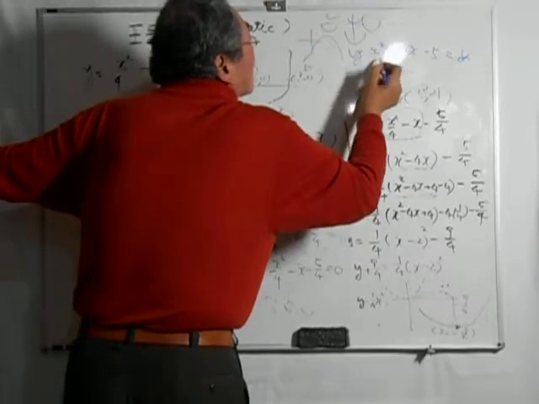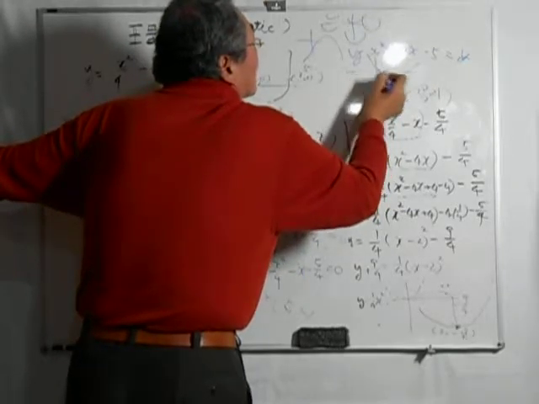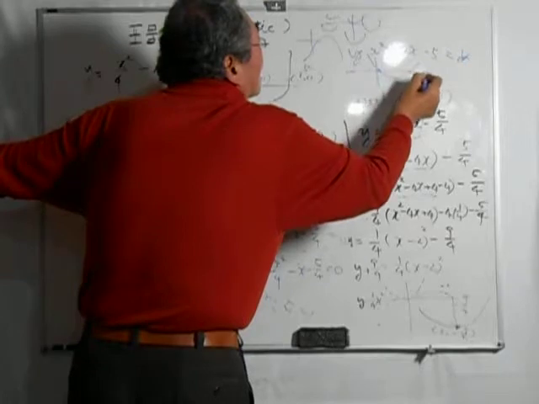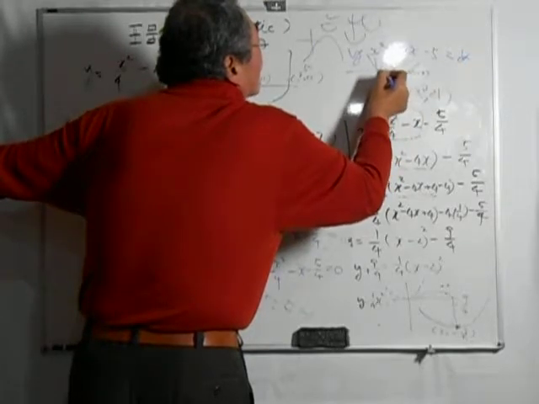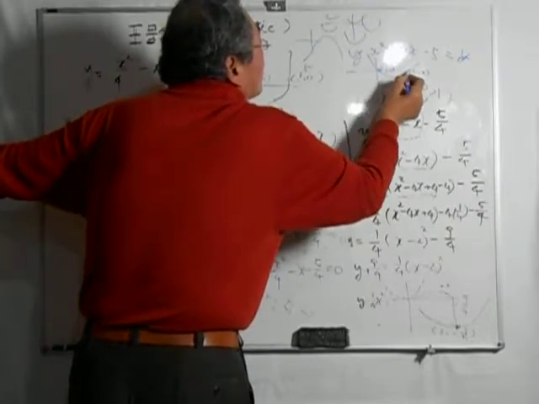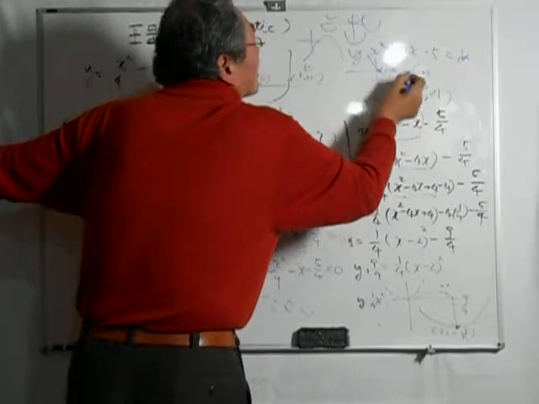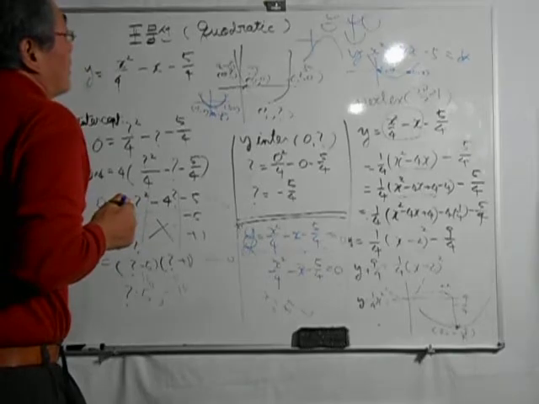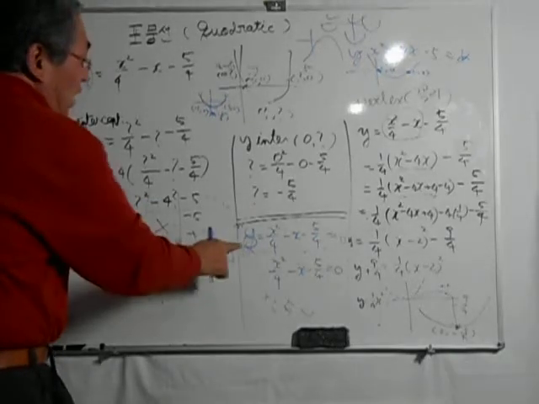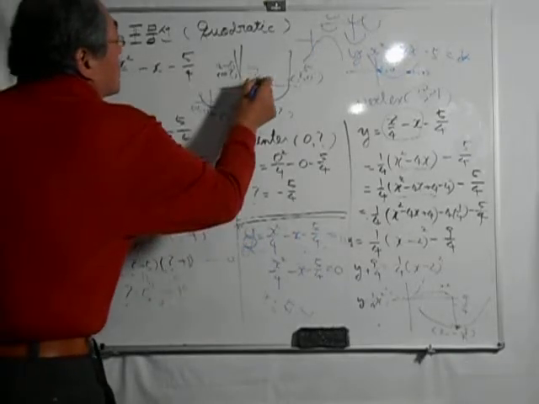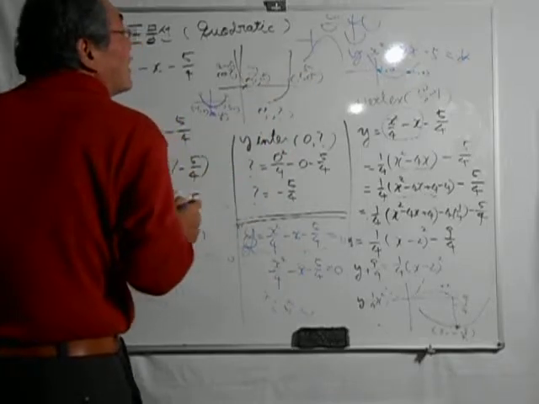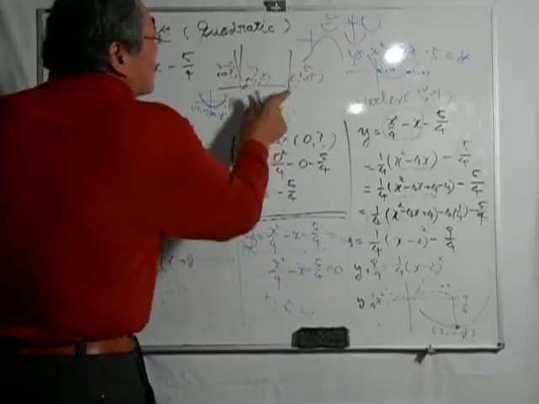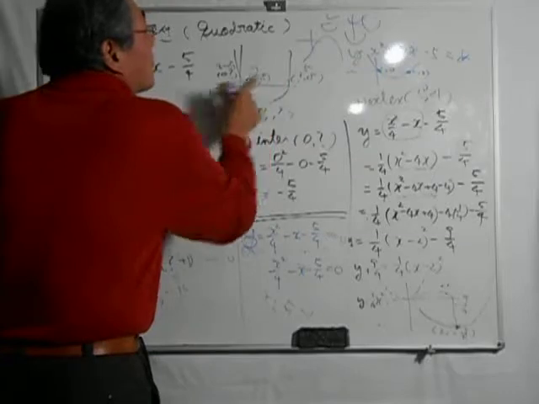So y is 0. This location y is 0. Actually find out this location. Oh, I think I made a mistake over here. Oh, y is 0 right there. I'm looking for this. Y is 0. So this meaning is looking for the x-intercept.